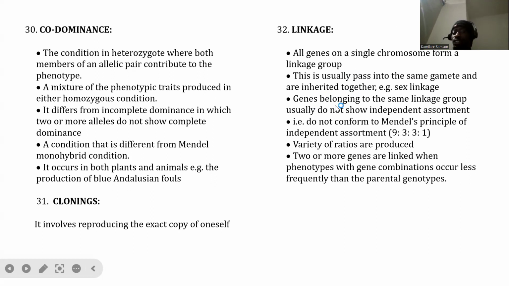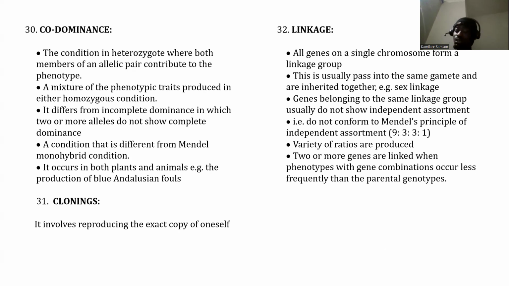Genes belonging to the same linkage group usually do not show independent assortment. So when we have genes that are linked together at a particular point on the chromosome, they don't usually show the 9331 that Mendel talked about in dihybrid inheritance. Remember, dihybrid inheritance means inheritance of two characteristics.